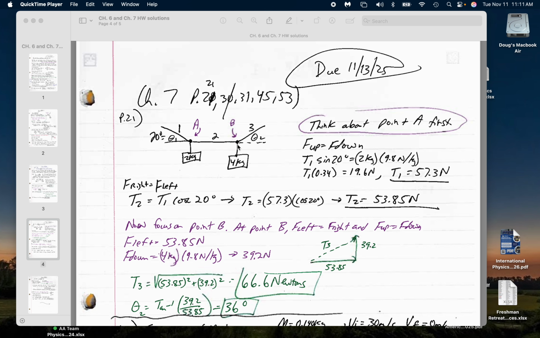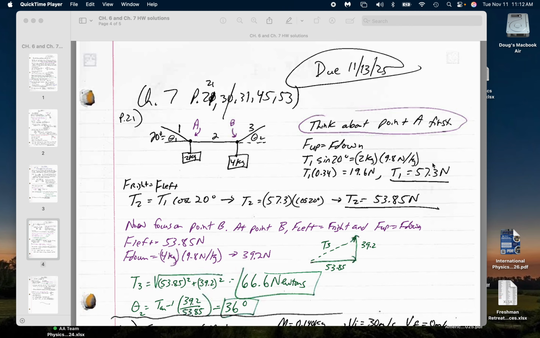So we've got to kind of work from this spot to this spot. At both points A and B, the forces are balanced both vertically and horizontally. So what I can do is look at point A, and I can say, all right, if this is 2 kilograms, I know there's a vertical force down of 19.6 newtons. That's m times g. And therefore, there has to be a vertical force up of 19.6 newtons. And that's going to be equal to this tension times the sine of 20 degrees.